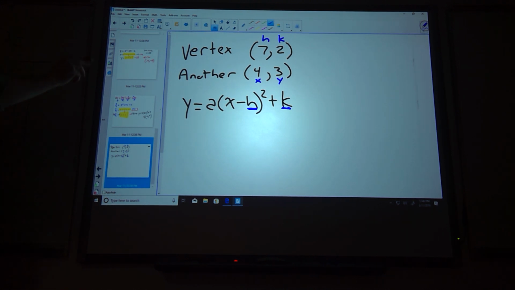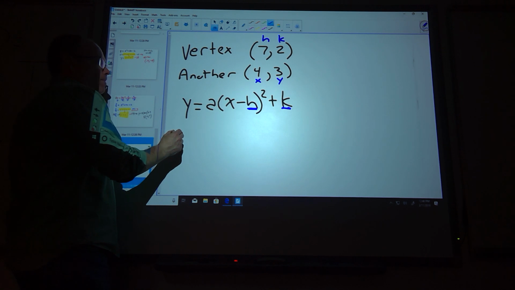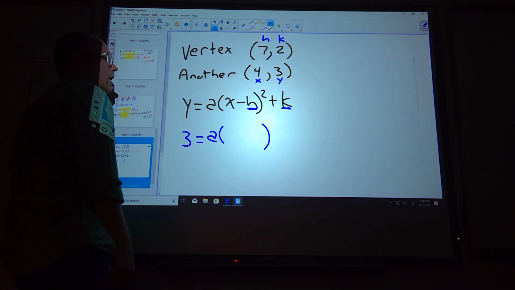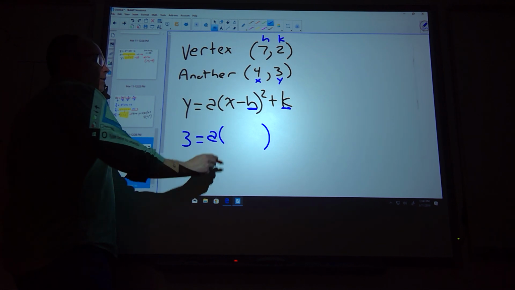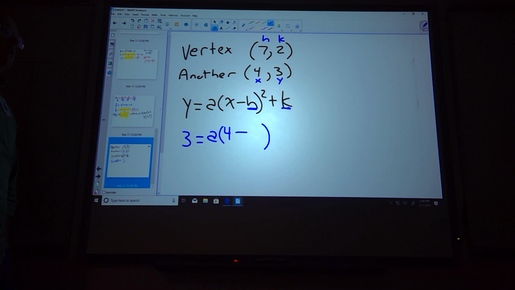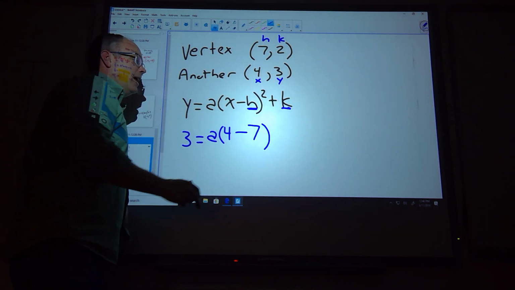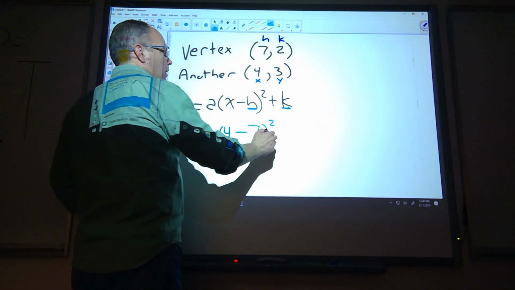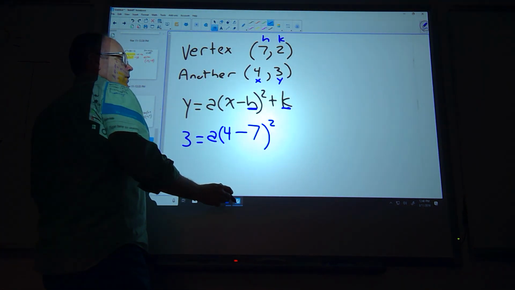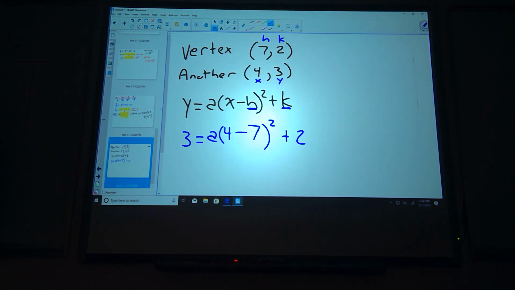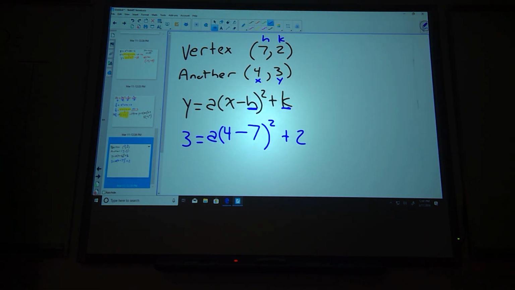What's my y value? 3. A, I don't know, I need to find. What did I label x? 4. 4 minus, what's my h value? 7. Okay, and it's already negative, so good call on that one. And then that's squared. And then what's my k value? 2. Do I have one unknown up there right now to solve for? Yes. Yeah, so let's see if we can figure that out.